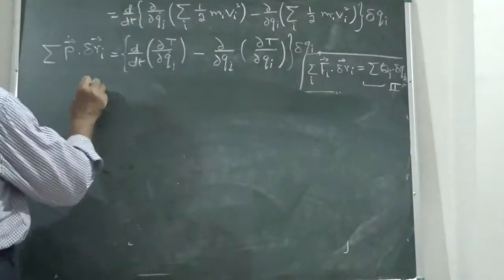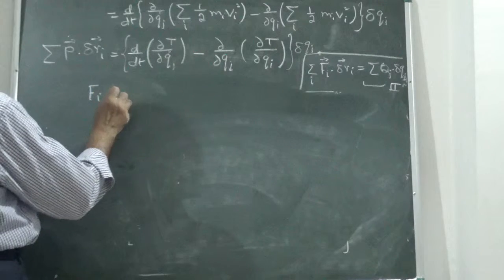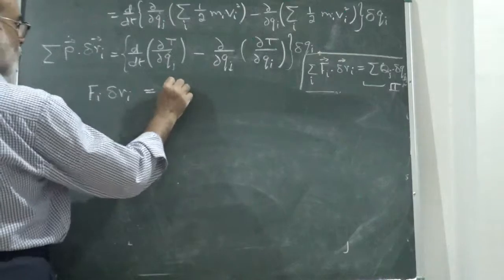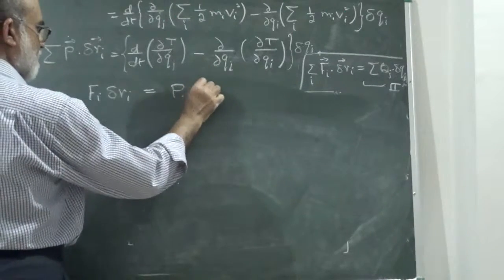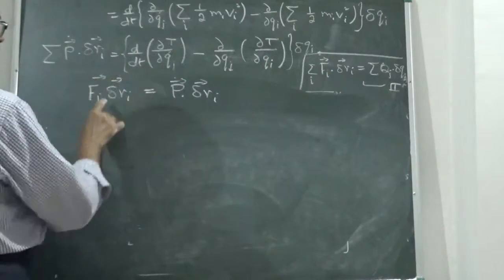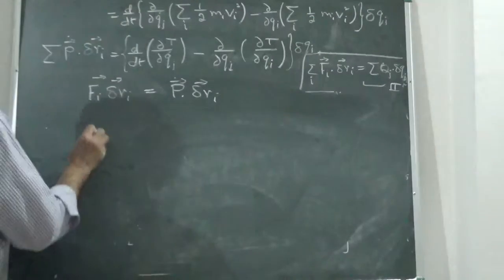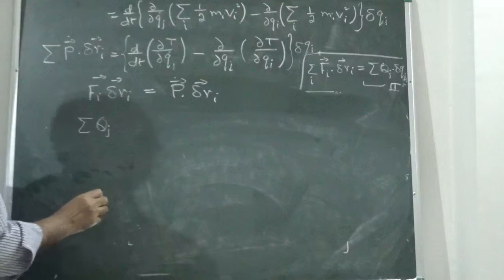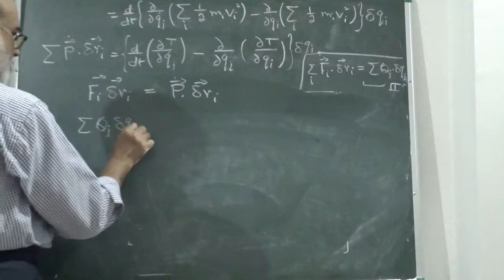Now, equating Fi delta ri is equal to Pi delta ri, and Fi delta ri we have found out as Qj delta qj.